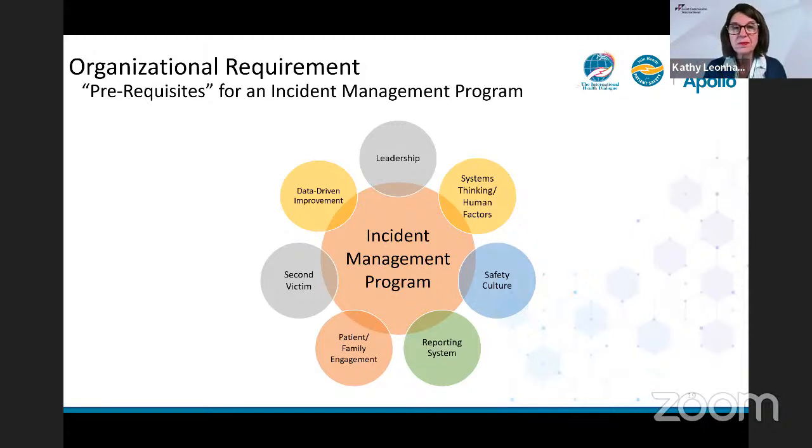So this slide just gives you a list of some of the critical elements, what I call prerequisites for an incident management program, for an RCA to be effective. These are the building blocks that must be in place for any organization to have an effective root cause analysis.